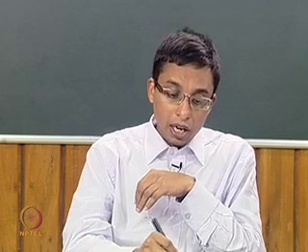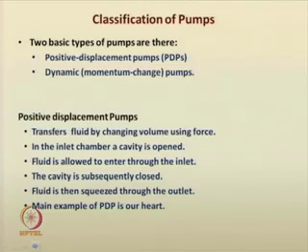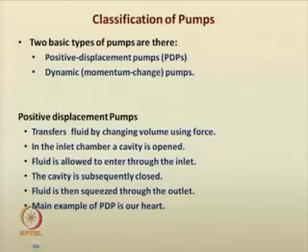When it gushes out, it will have more speed, more velocity. This is the principle behind the positive displacement pump. A very simple and highly quoted example is the heart of any animal or human being.